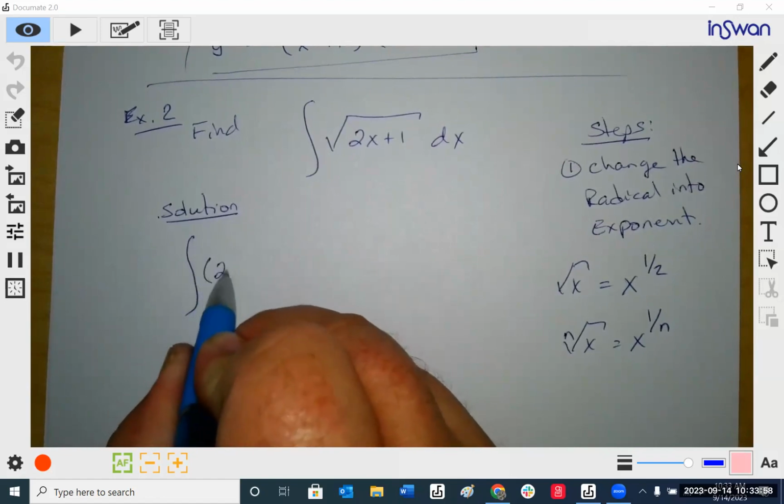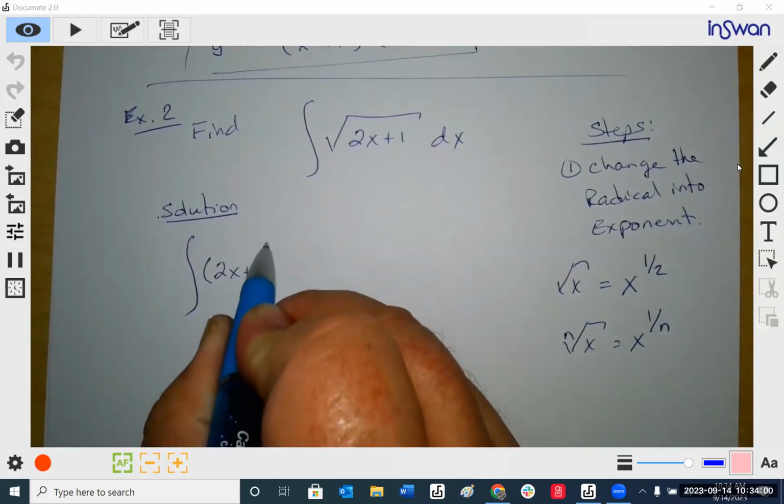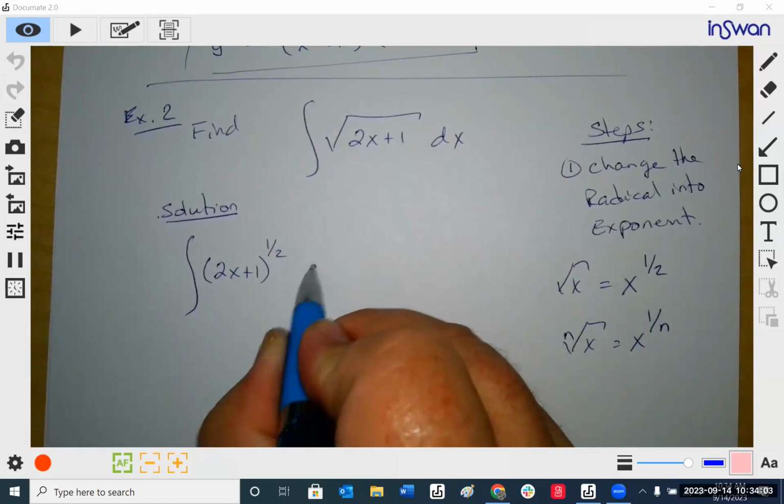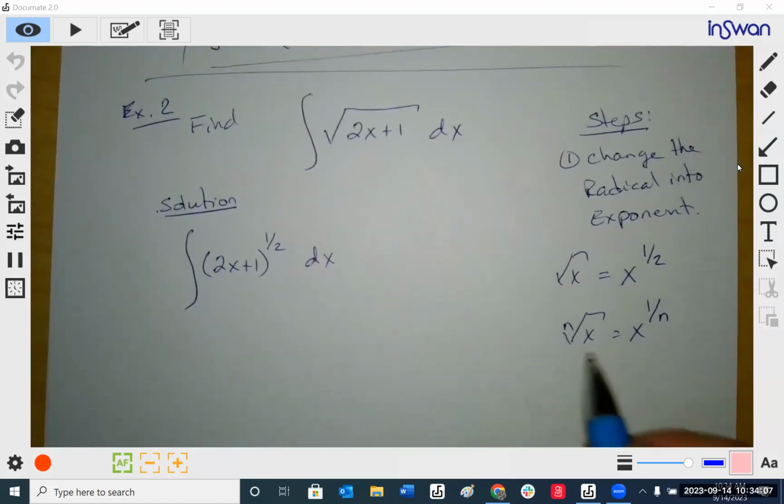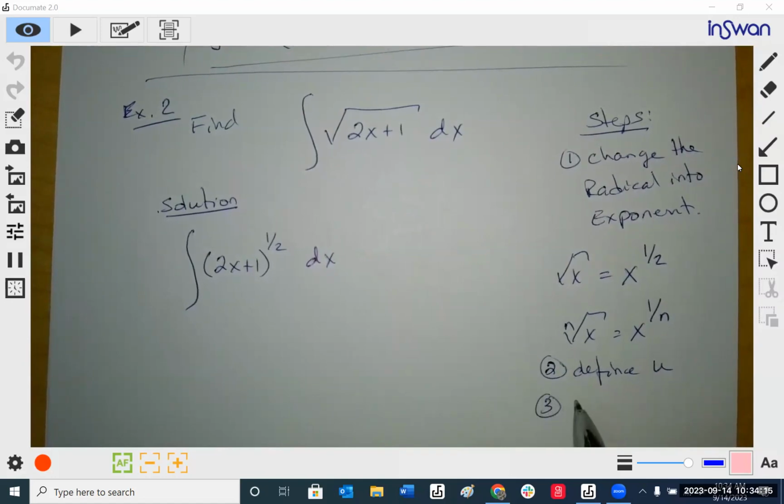So we have this 2x plus 1 to the power 1/2 dx. Define u. Find du.